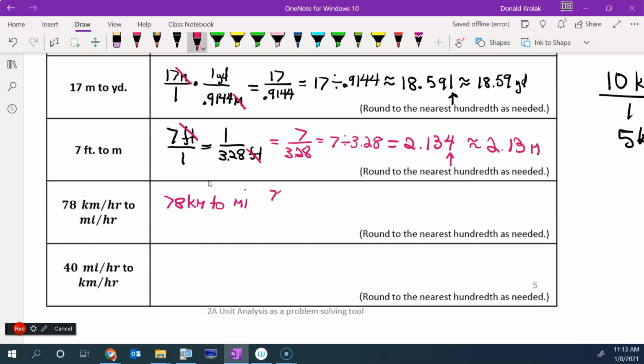But since the time is the same, you're really just doing this. Okay, so 78 kilometers. And I want kilometers in the denominator. Miles is going to be up top.